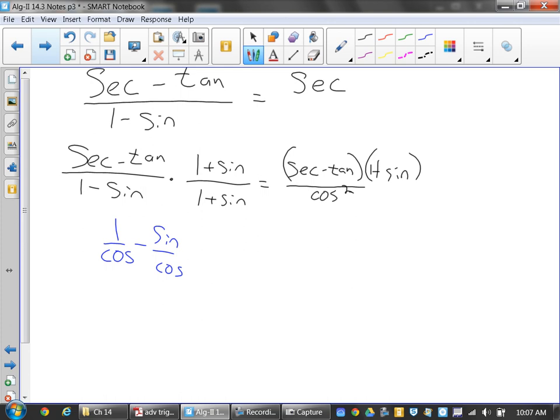So I wind up with this chunk is 1 minus sine over cosine. On the other one, we have just 1 plus sine. Now I'm dividing by cosine squared.